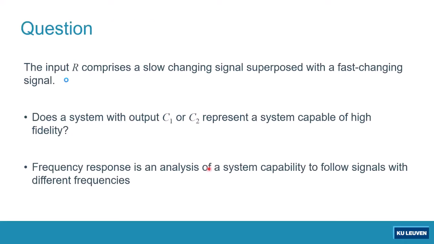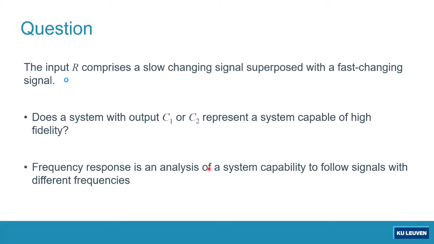I have a few questions here. The input R comprises a slow changing signal superposed with a fast changing signal. So I have an input. The input here is not purely harmonic, but instead my input here is a combination of two harmonic signals. The first one is a slow changing signal, while the second one is a fast changing signal.